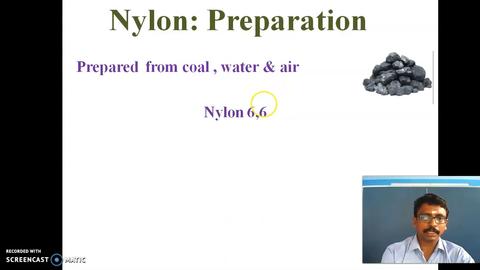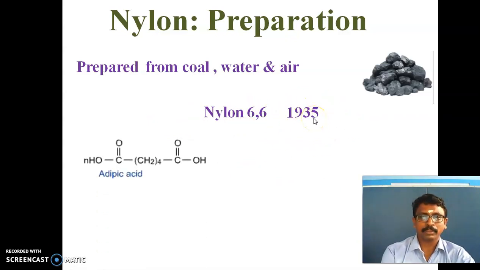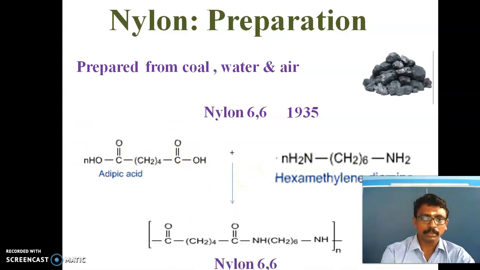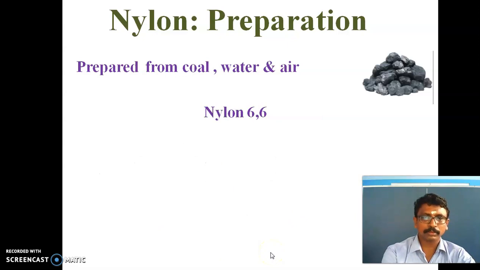The starting materials are hexamethylene diamine and adipic acid. Nylon 6,6 was introduced in the year 1935. Adipic acid with hexamethylene diamine, by condensation polymerization, gives nylon 6,6.